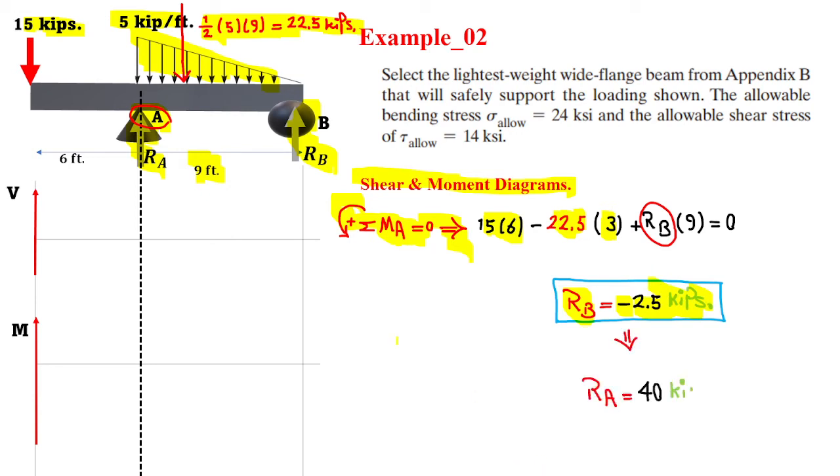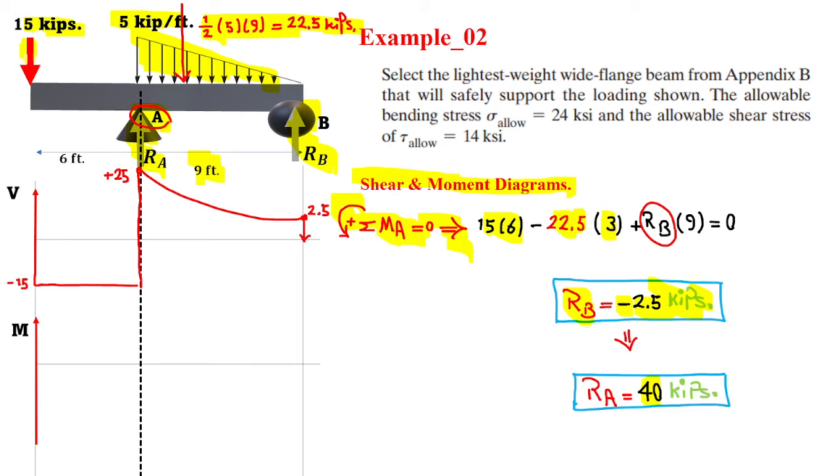As soon as we have the reaction at B, summation of forces should cancel out the forces. So 2.5 downward, another 22.5 downward, plus 15, that is 40, so RA is 40.